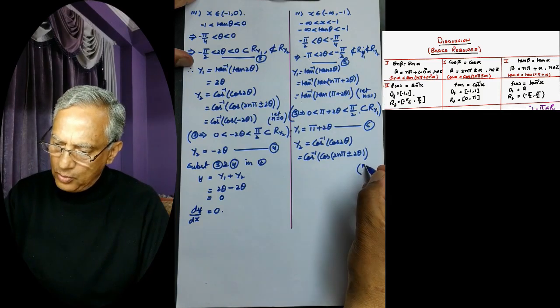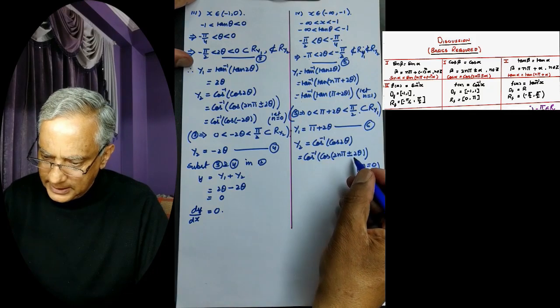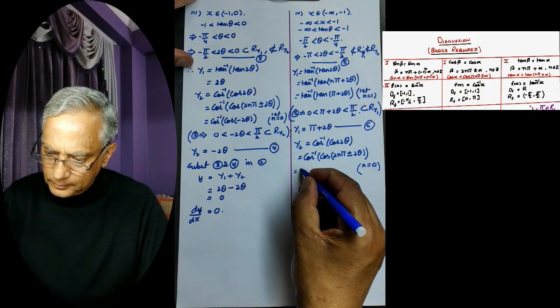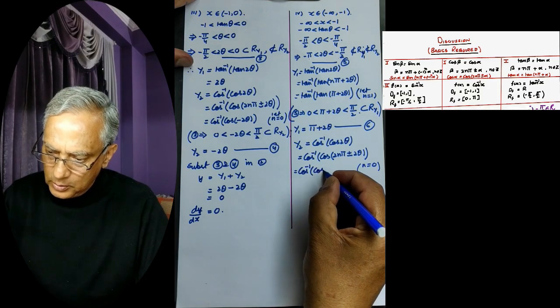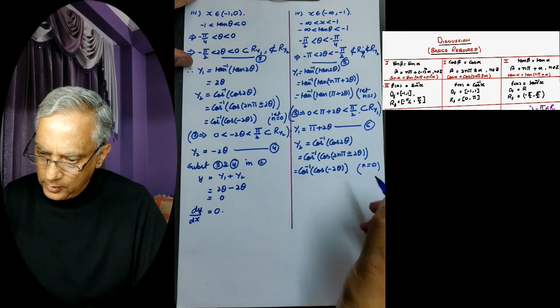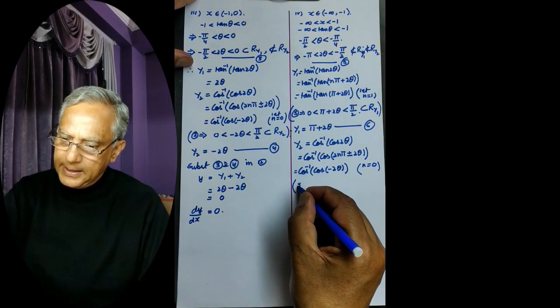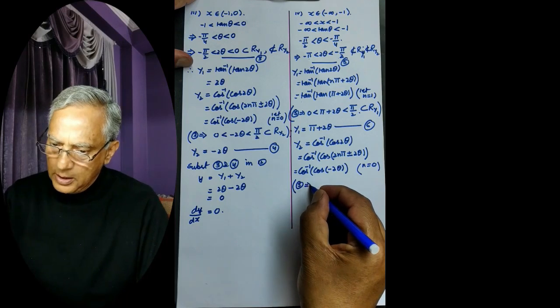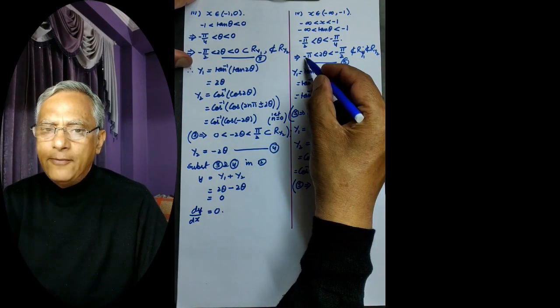And sign will be taken as minus. So this is cos inverse cos of minus 2 theta. And we know from 5, multiply this by minus 1. Now we are multiplying by the negative sign, so direction of inequality will change.